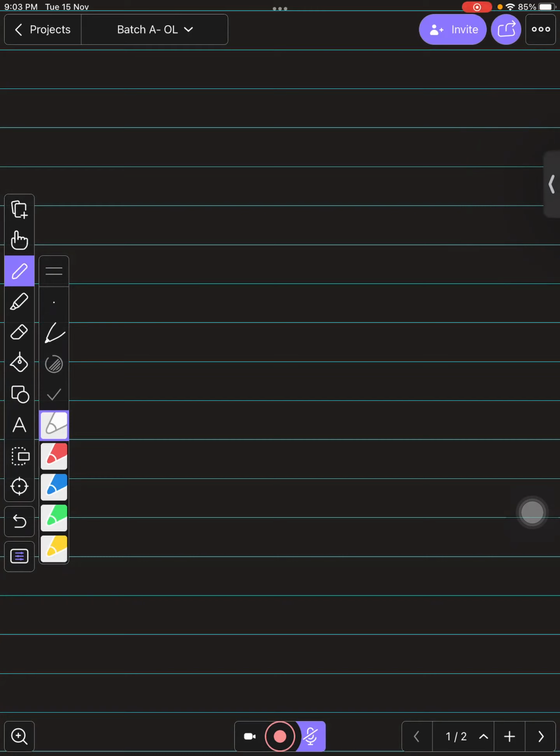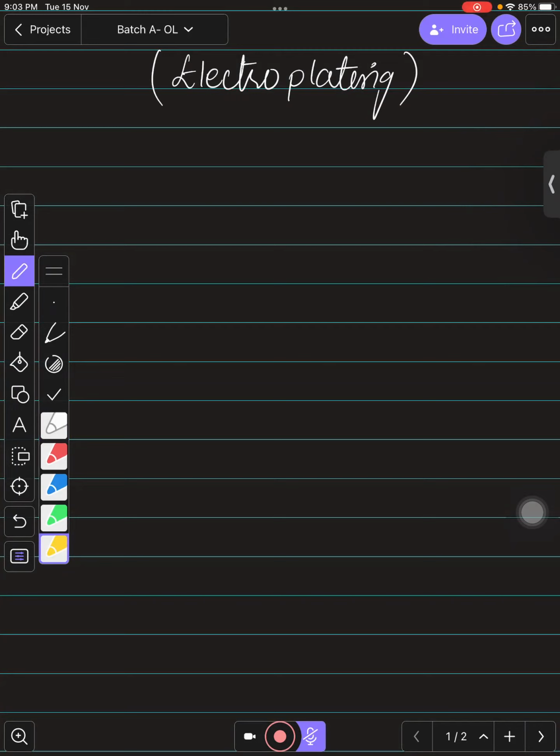Now we are going to talk about electroplating, right? Electroplating is the new thing that you need to know about in this chapter. It's very easy. What is electroplating? It is a process in which you are going to electroplate a substance with metal.